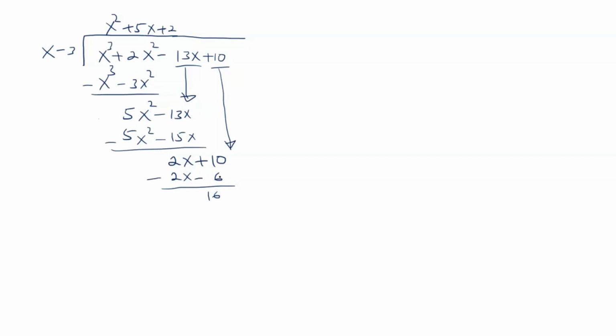The remainder goes to the top, so my polynomial will factorize to x squared plus 5x plus 2 plus 16 over x minus 3. The divisor goes on the denominator and the remainder goes on the numerator. All right, that's it.